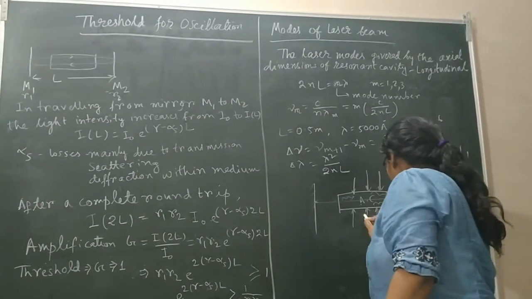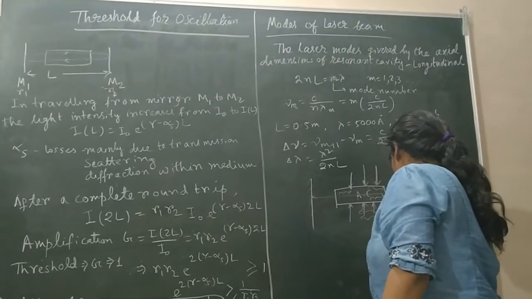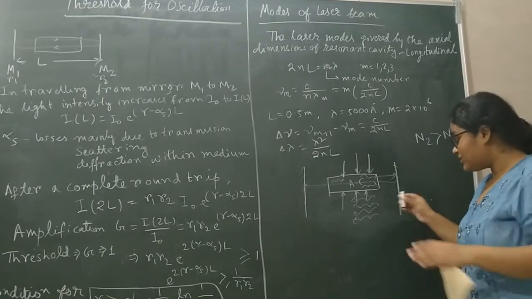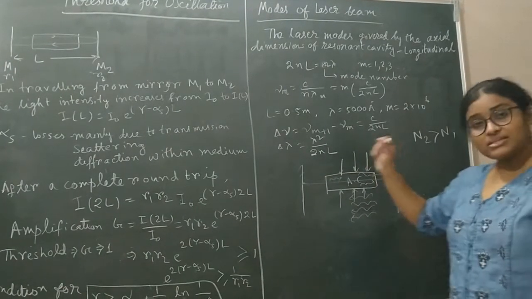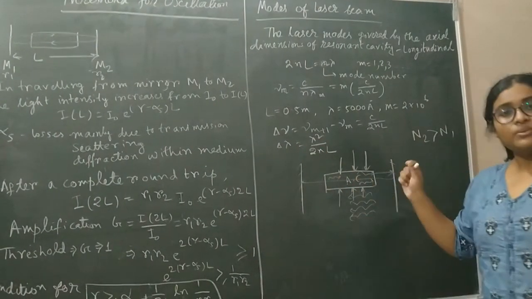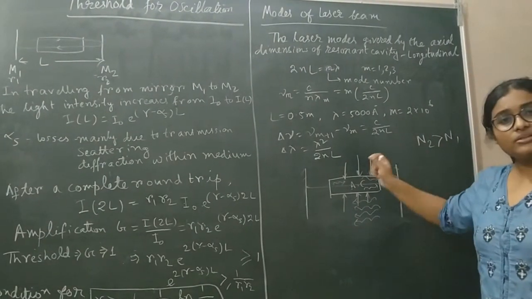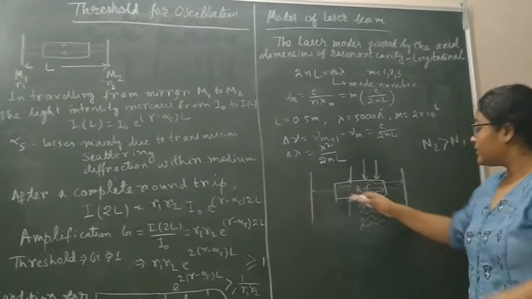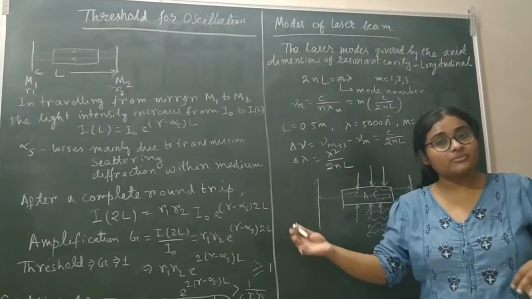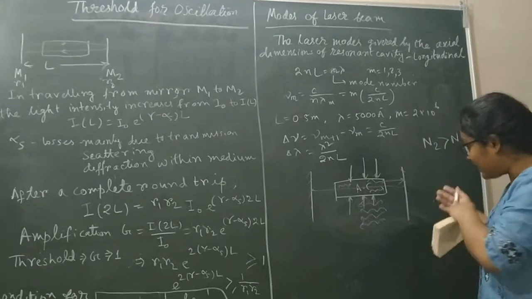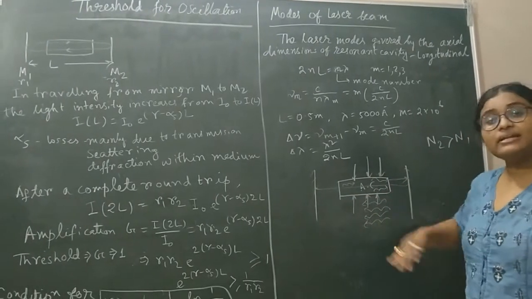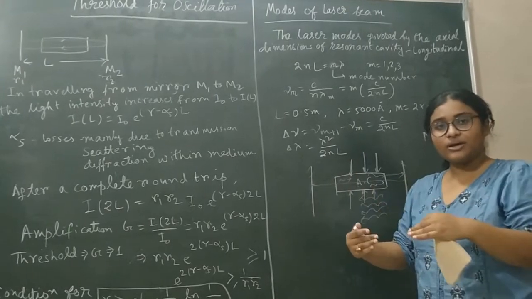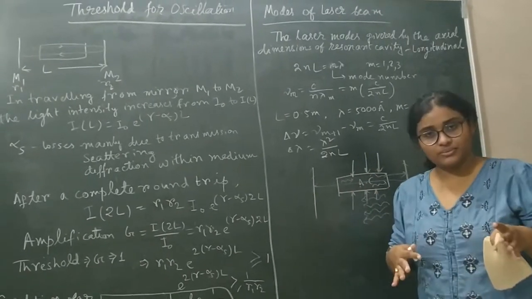For each and every round trip, the number of photons keeps increasing. This is the basic physics: one single photon can become a stimulus for stimulated emission. In one round trip the photons can excite many more atoms, and in another round trip they excite another set of atoms, which come back to the ground state producing stimulated emission.